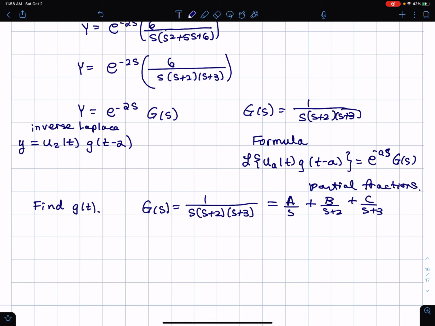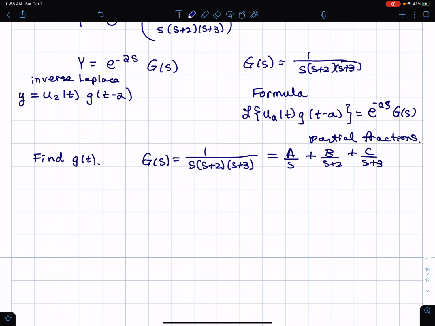You can even skip ahead, but finding the inverse Laplace transform of each of these is actually easy. The first one is 1, and the others are e to the negative 2t and e to the negative 3t. Those are not that bad, but we have to find a, b, and c.